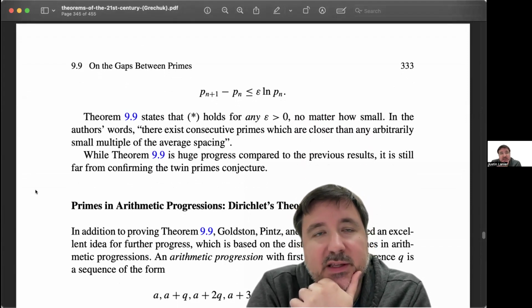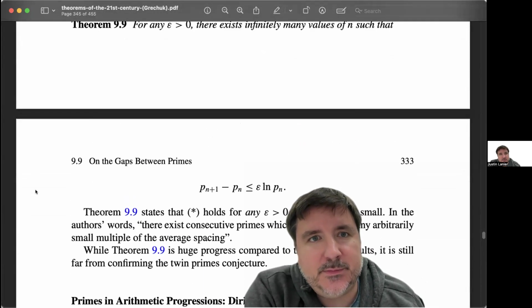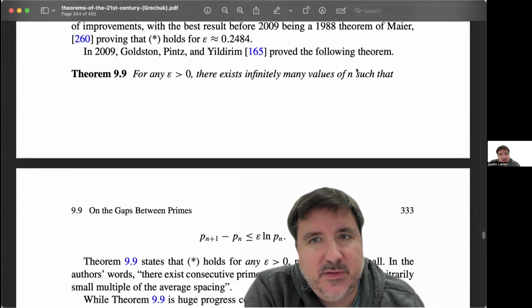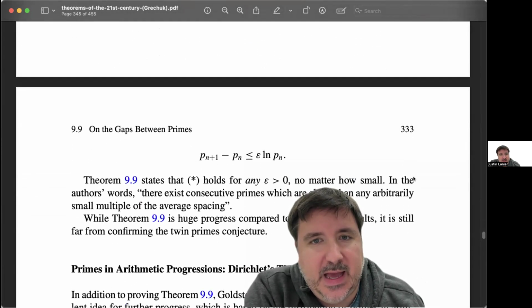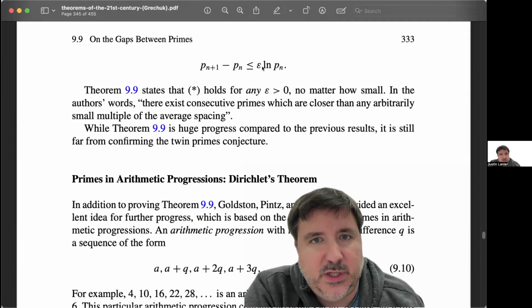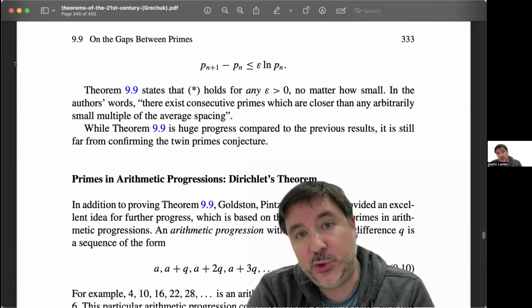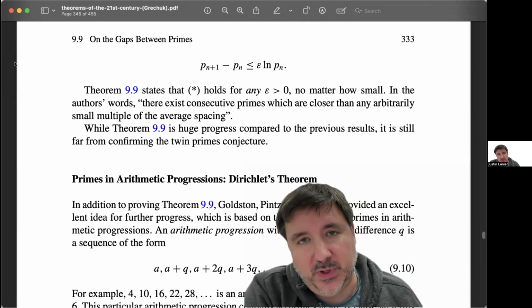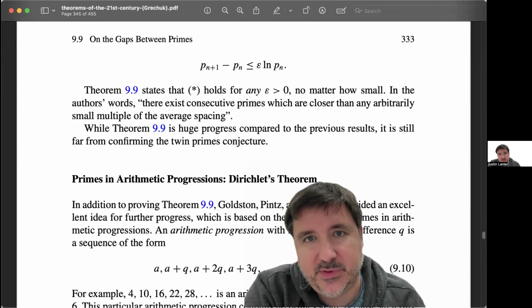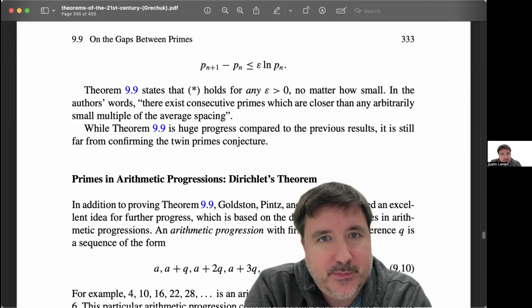And okay, so that means that there are infinitely many values of n where the gap is really, really small, but not a number too small, but a number that grows with the size of the prime numbers.